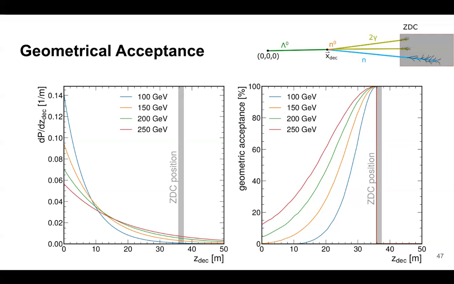If you were to measure this in the charged hadron decay, when you have a proton and a pion, you would like to measure this at low values of Z, because the detector that you would use to measure that is at about 5 meters. So you lose most of the event. But in the ZDC case, we can go and have better acceptance at larger values of Z. That's actually better for us. The closer the lambda is to the ZDC, the better our solid angle coverage.